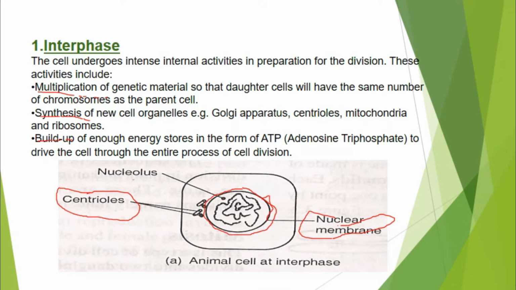A membrane encloses the nucleus. And then here we have the nucleus, right? And then here we have the centriole. Remember we said that in interphase there is synthesis of new cell organelles like the Golgi apparatus, centrioles, and so on. So this is how a cell at an interphase stage looks like.